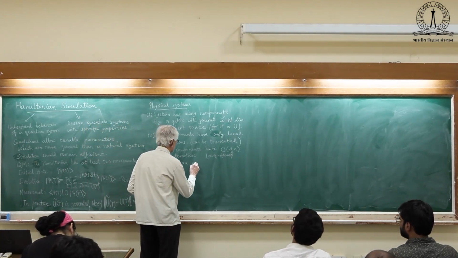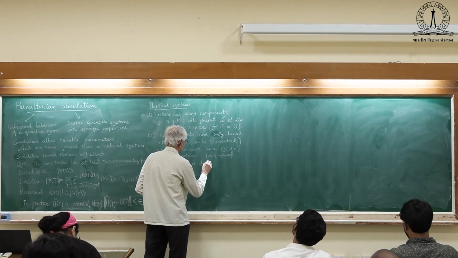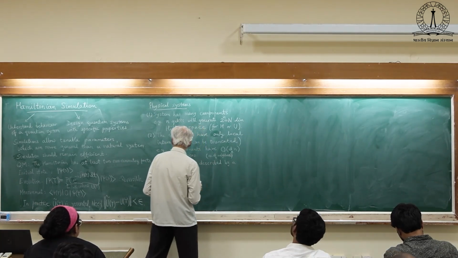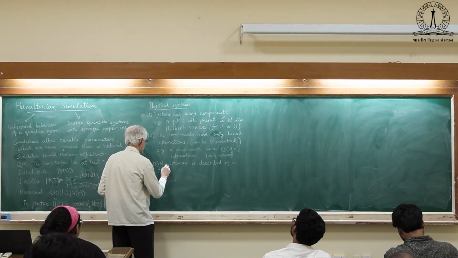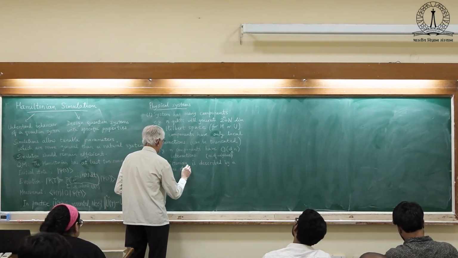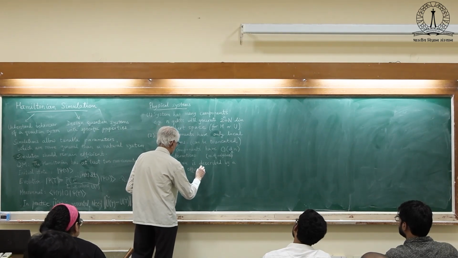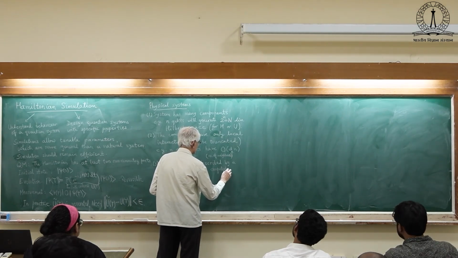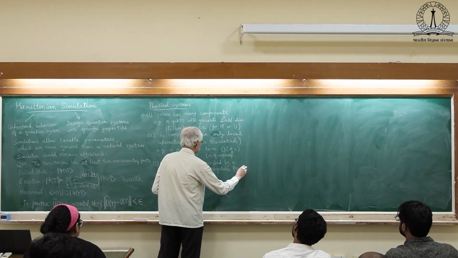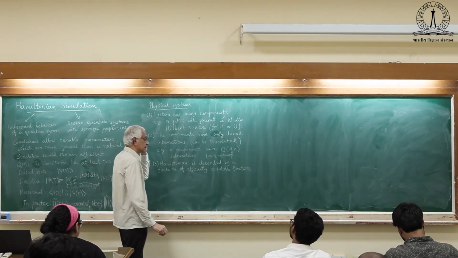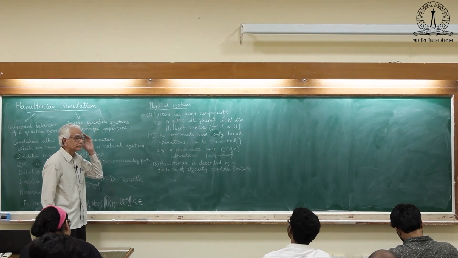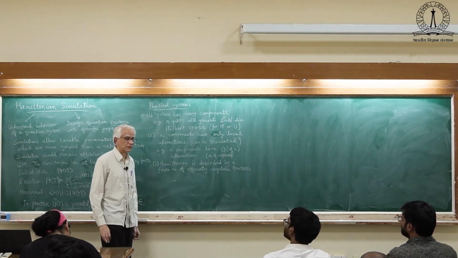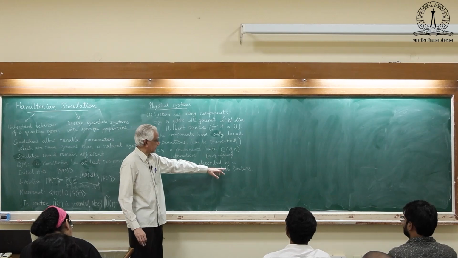So the Hamiltonian is described by a finite number of efficiently computable functions. They are the characterization of all these interactions, but you know the functional form. The function can have an argument.